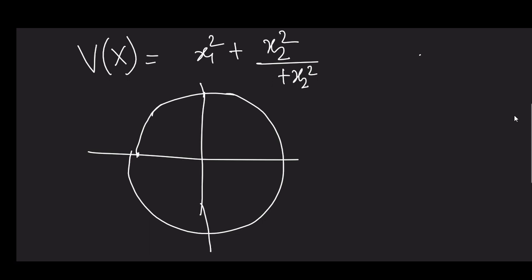Or we can have this also like so. Undoubtedly, this is a positive definite function, and let us check whether it gives us that result when x1 and x2 are not equal to 0.